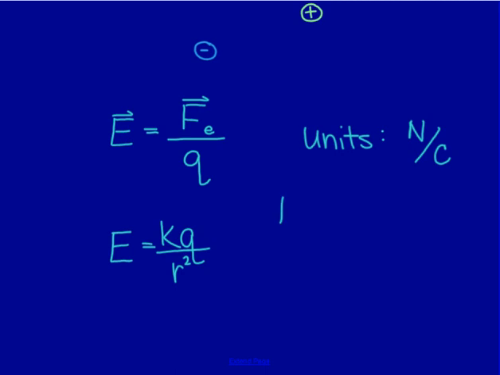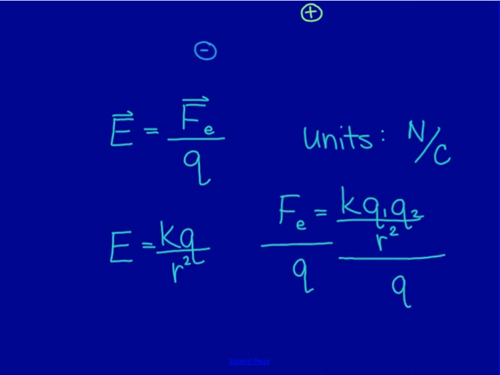I know that the force between two point particles has a magnitude of K, Q1, Q2 over R squared. And to find the electric field, I divide the force by Q. Well, this Q that I'm using is either 1 or 2, and it doesn't really matter which. So you'll notice that I'm left with KQ over R squared, which is what I have here.